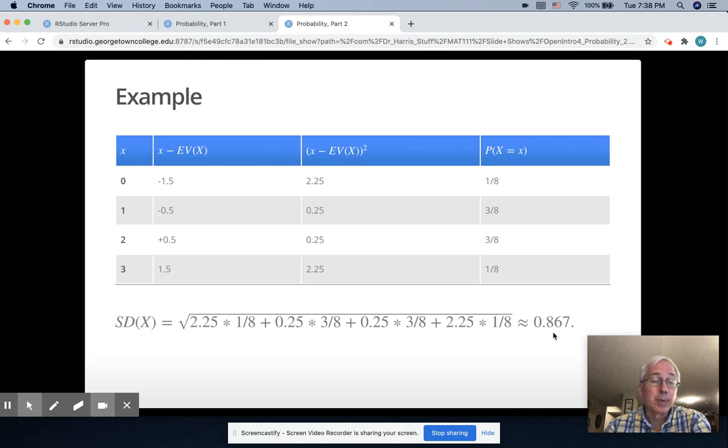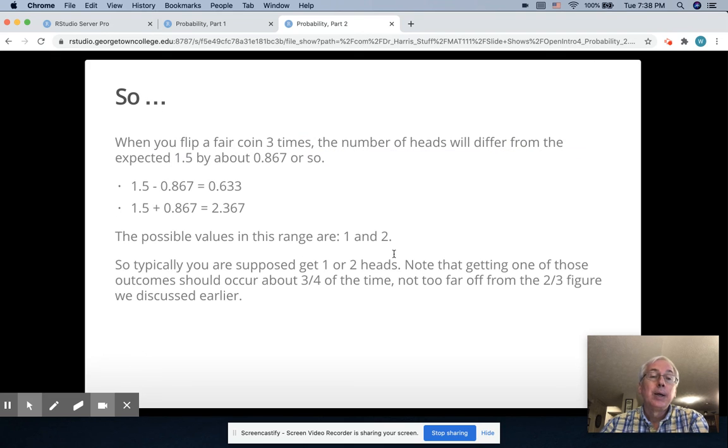So remember how we interpreted standard deviation before. It's sort of an average distance away from the mean. Also, we expect most typical values to be within 1 standard deviation of the mean. So our expected value is 1.5. If we add and subtract 0.867 to and from 1.5, we get about 0.633 and 2.367.